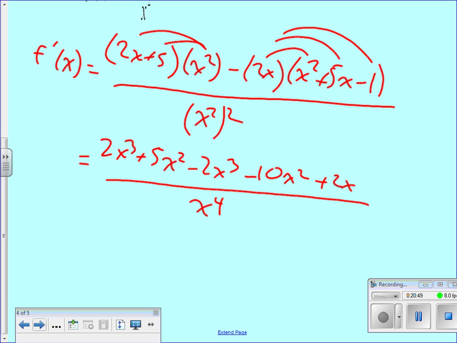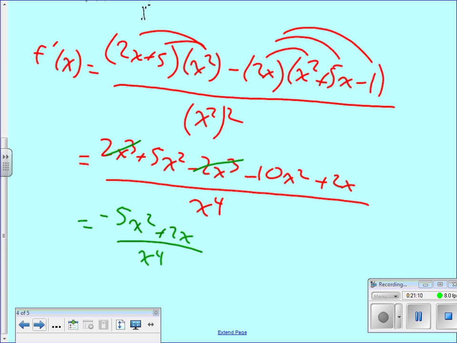And my 2x cubes actually cancel each other out. Sometimes it happens, sometimes it doesn't. Don't count on it. 5x squared minus 10x squared, negative 5x squared plus 2x all over x to the fourth.